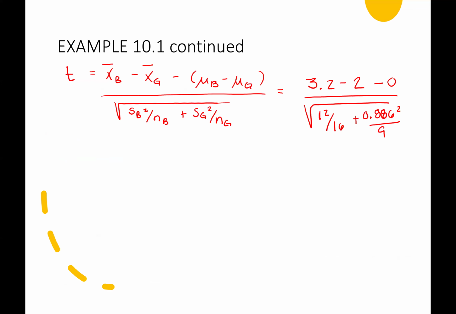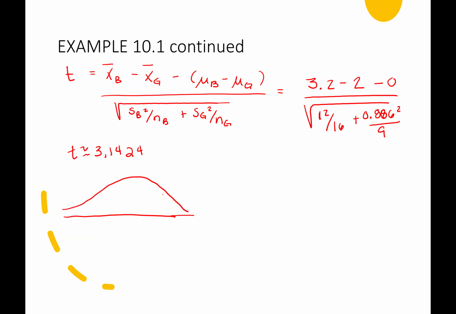So we're going to go back to our slide. So t is approximately 3.1424. This is a two-tailed test, so let me draw a picture.